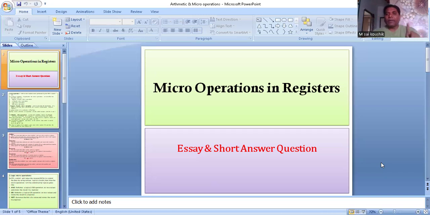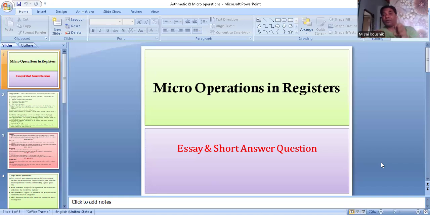Primarily, in the CPU, the control unit will access or activate the entire components with the help of the BIOS system, that is, the basic input-output system.